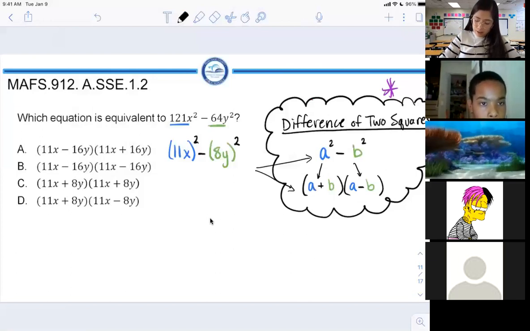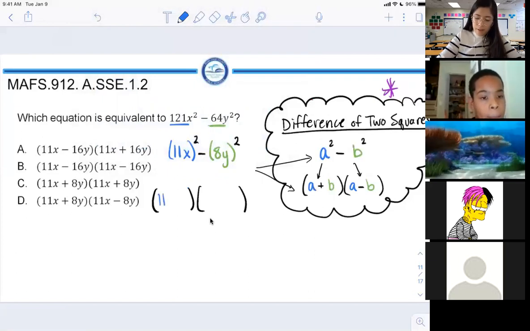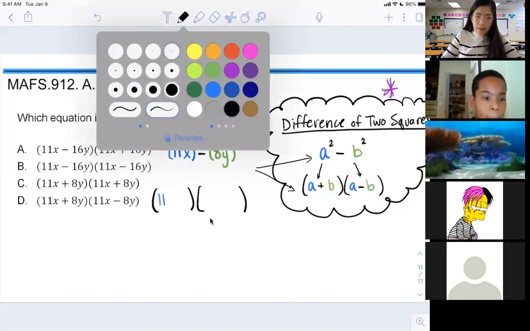So then when I factor it, what can I write? It has to be A plus B and A minus B. Just 11 and just 8?